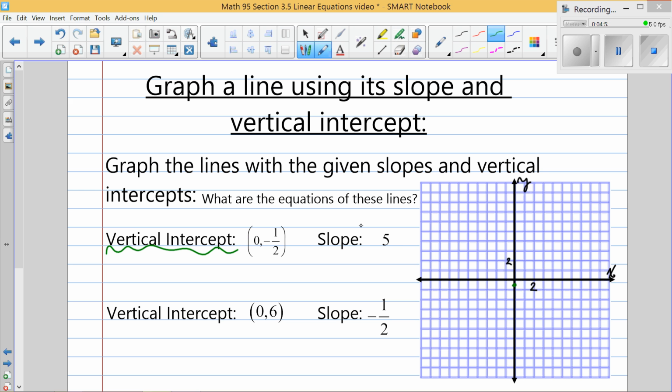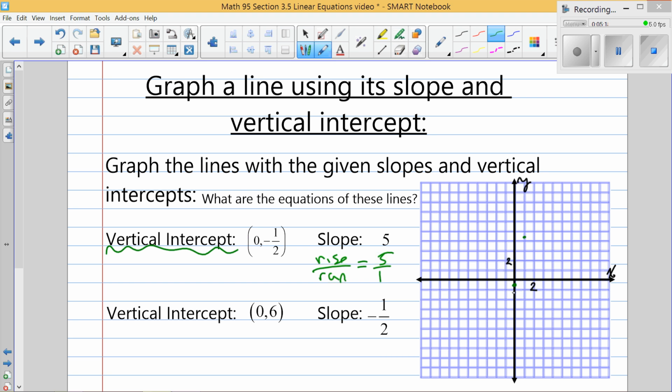From here, I want to incorporate my slope. I want to think about slope as rise over run. For us, that would be 5/1. What this is telling me is to go up 5 units, 1, 2, 3, 4, 5, and over to the right 1 unit.